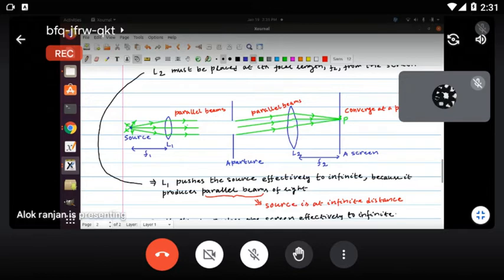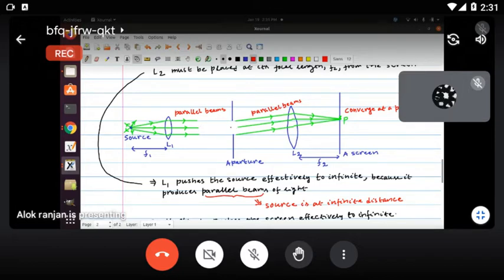If you incident a set of parallel beams, they must converge at a focal point. In the reverse way, if we keep the source at the focal point, on the other side of the lens we must have a set of parallel beams, and the apparatus will see the set of parallel beams.